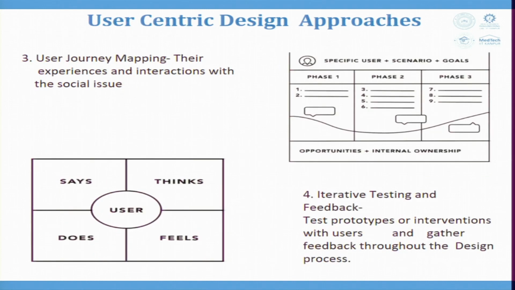So, this is a user journey map. Their experiences and interaction with the social users: they say, they think, they feel, they do. The user does, the user says, the user thinks, and the user feels. Look at it, user says, user does.